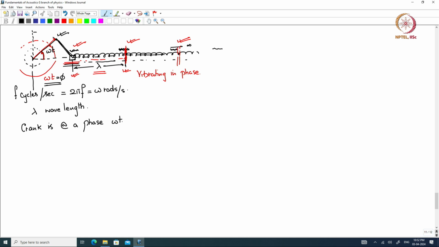Then because this mass is hardwired, and it is doing an oscillatory motion, as we said, we can consider it as cosine if we look at it one way and sine if we look at it another way, but we will combine and look at it as e to the power j omega t. Okay. So, we can assign the same omega t phase to the first mass because it is tied to the crank. Okay. So, that we can say that the mass at this point is at a phase omega t.